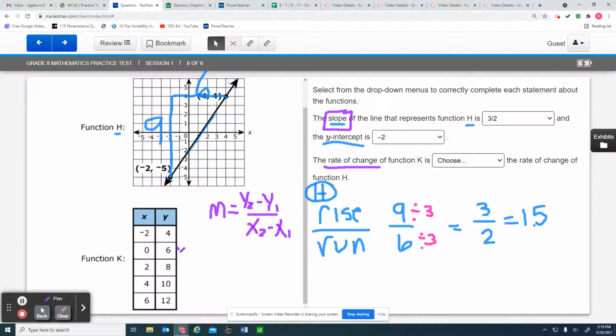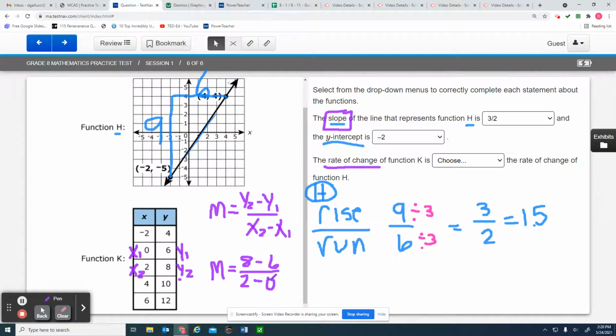So maybe I want to pick this as my first point, y1, x1, and maybe I want to pick this as my second, y2, x2, and then we'll use this formula here. So the slope, which is usually the letter m, first is y2. We labeled that as 8. 8 minus y1, we labeled as 6, divided by x2, we labeled the number 2, minus x1, we put the number 0.